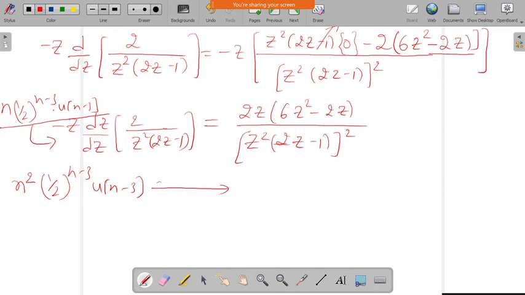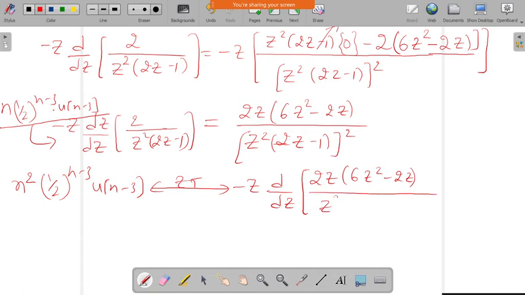The corresponding z transform will be the resultant x of z, which we again have to differentiate, that is d by dz of the resultant 2z into 6z square minus 2z, divided by z square into 2z minus 1 whole square.